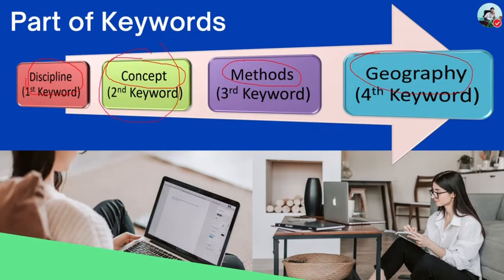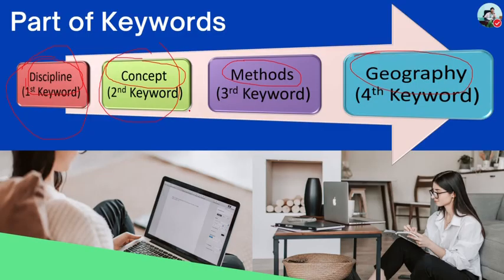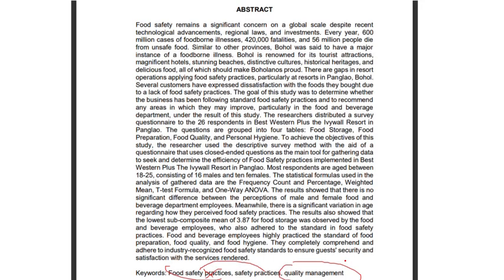So according to this sample, they don't have the first keyword, which is the discipline. The third one is "quality management." This is also part of the concept. So there is no discipline, no methods, and no geography based on this sample. This is the sample output of a student.